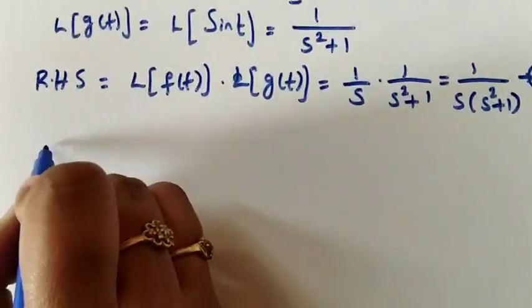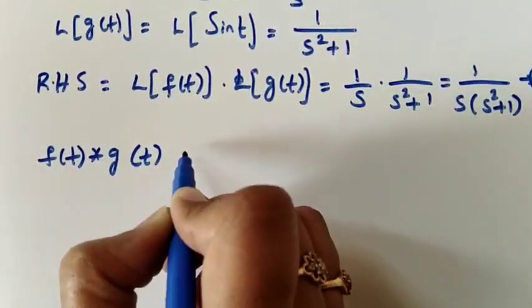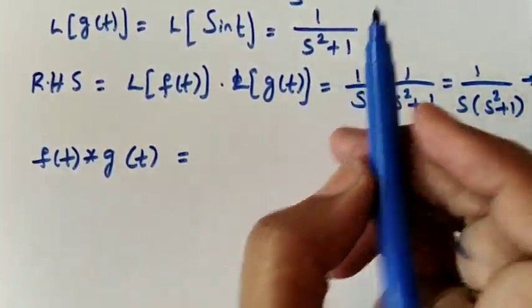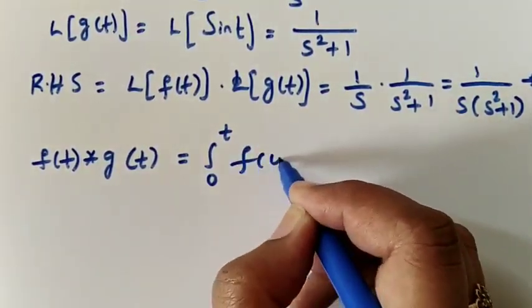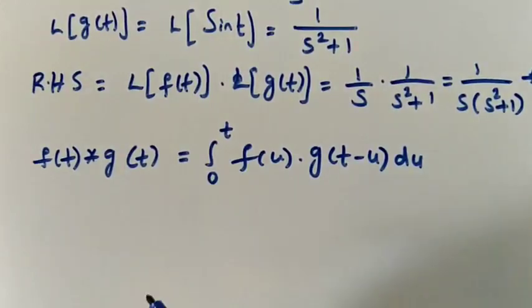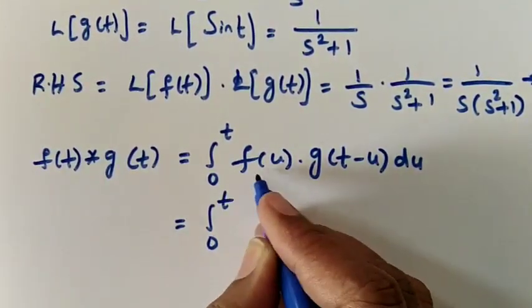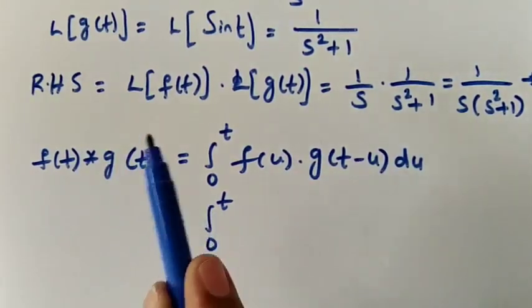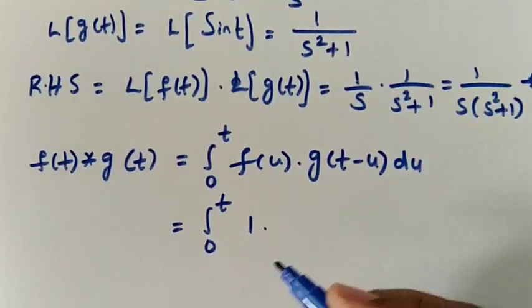So LHS means first of all we have to calculate f(t) star g(t). The formula I have already written, again I'll write: integral 0 to t f(u) into g(t minus u) du. That equals integral 0 to t, f(u) means here given f(t) as 1, so f(u) is 1 only.